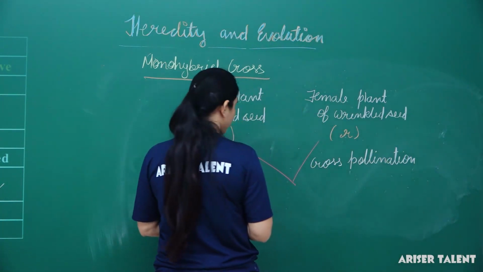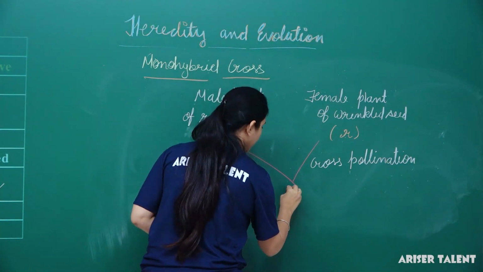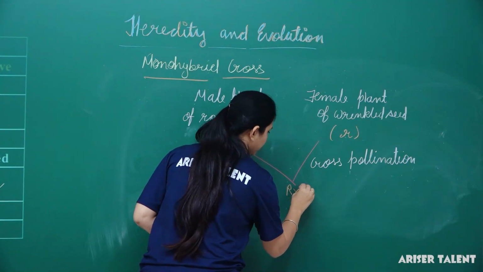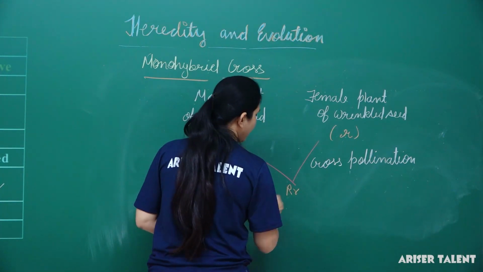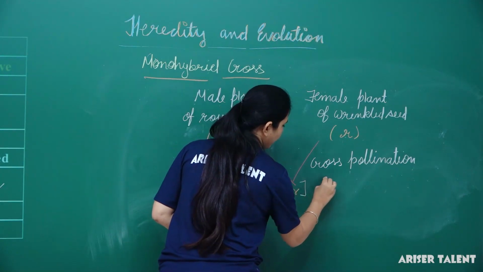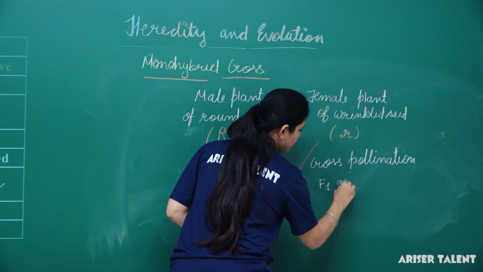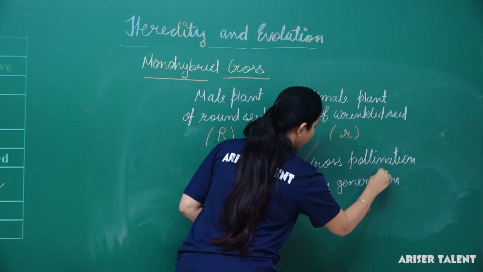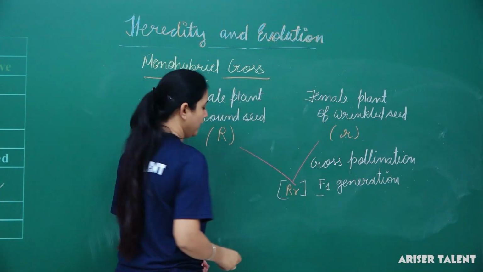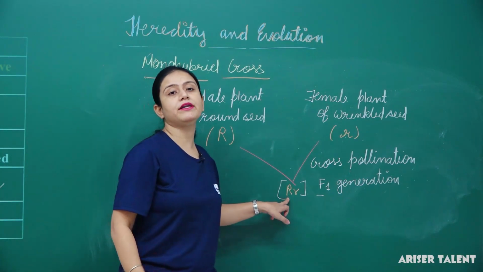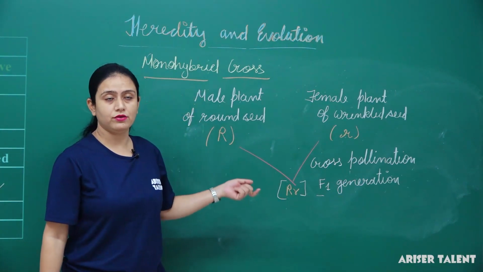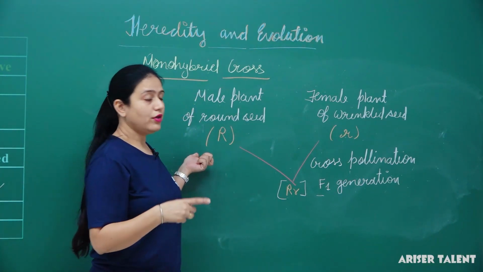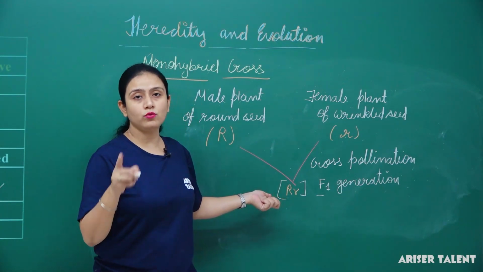he got the F1 generation which carried both the characters. This was the F1 generation. In this F1 generation, we can see that the capital R is dominant, meaning the plant has seed with round shape.